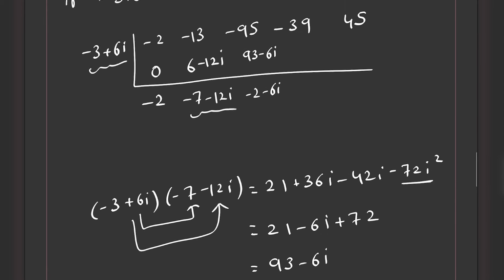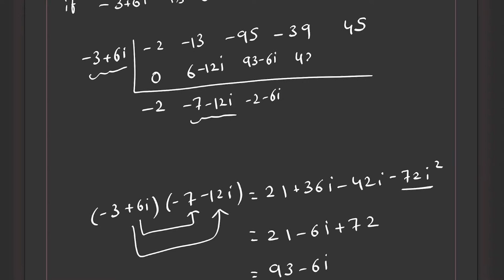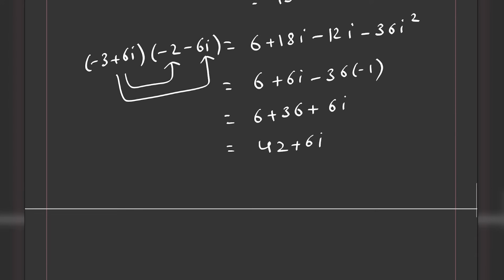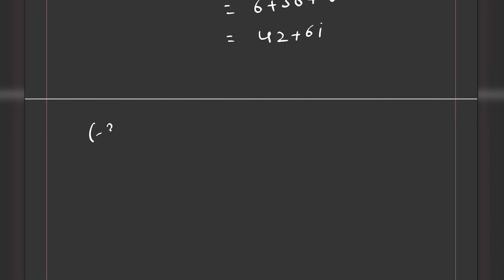Okay, let's take this value and plug it in our process. 42 plus 6i. Minus 39 plus 42 is 3, and positive 6i. Okay, so minus 3 plus 6i and 3 plus 6i now. If you see this one, this is in the form of a plus b times a minus b, right?